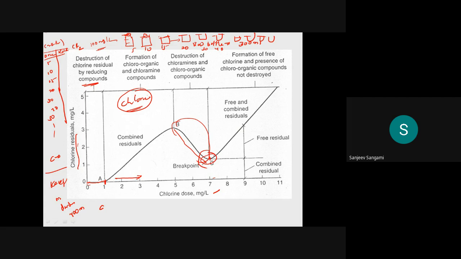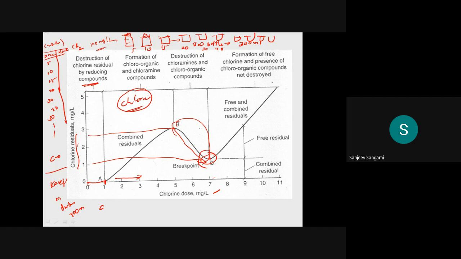But suppose we add 5 milligram per liter at this point. Then what will happen is that from here to here, 2 milligram per liter is utilized.